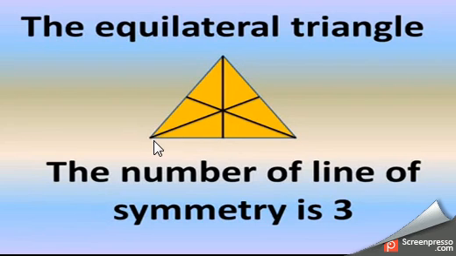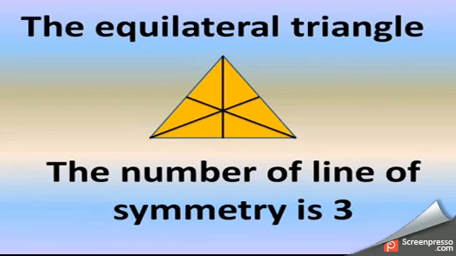So when I draw from this vertex to this base, these two triangles will completely cover each other if I fold it. And this is a line of symmetry and this is a line of symmetry, because all sides are equal, so I can consider the number of lines of symmetry of the equilateral triangle equal to 3.